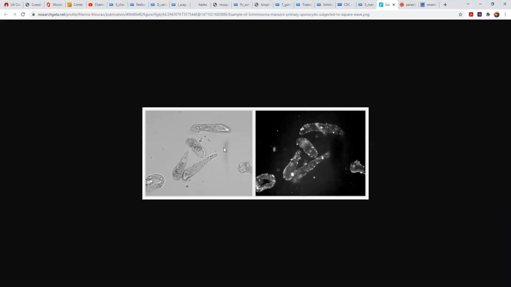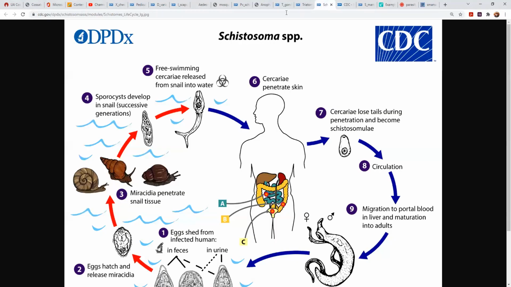And this is our sporocyst. So the sporocyst is basically an elongated form of the Miracidia without the cilia, because this is what's going to develop in the snail. We may see a few of these swimming around free, but primarily, as you see on the life cycle, the sporocysts develop in the snail.